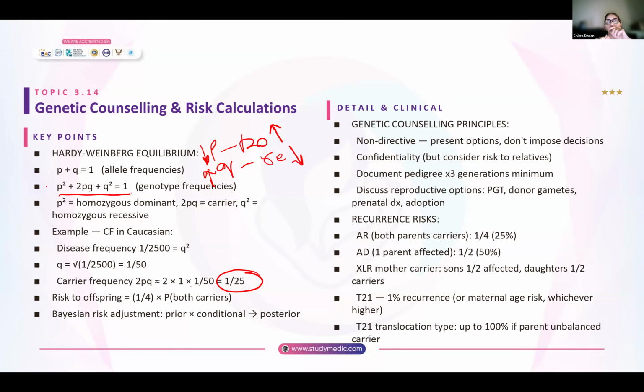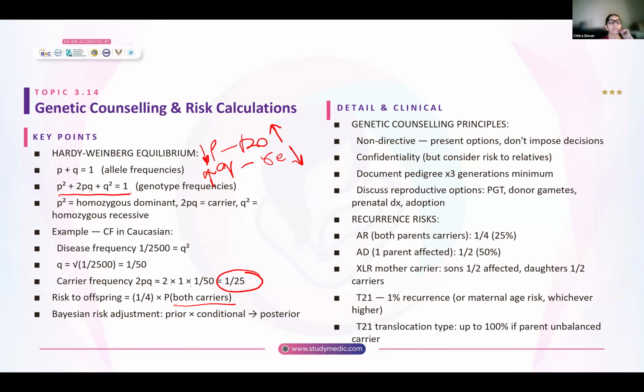If you want to find out whether the offspring is going to be affected or not, you have to know how many of the offspring are going to inherit the dominant gene. So the risk to the offspring is 1 by 4 into P.